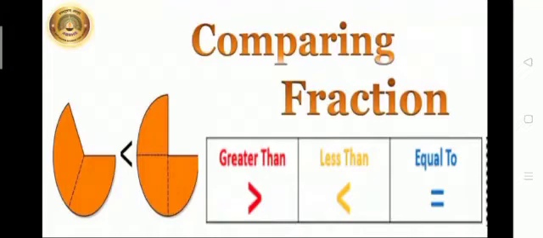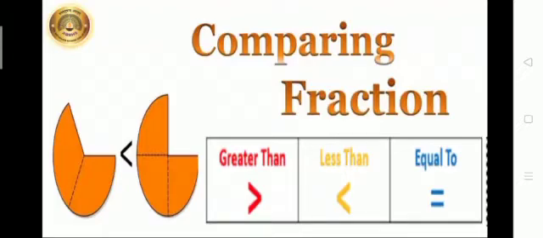For comparison in mathematics, three symbols are used, as you can see here: greater than, less than, and equal to. When greater than symbol is used, the greater number is written to the left of the symbol and the smaller number is written to the right of the symbol.